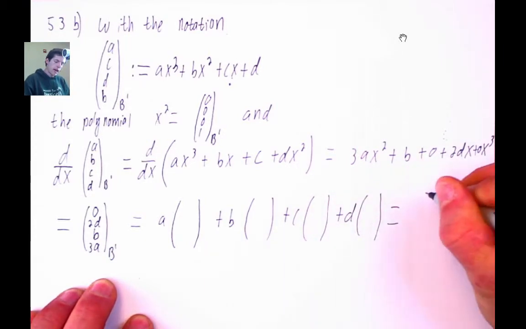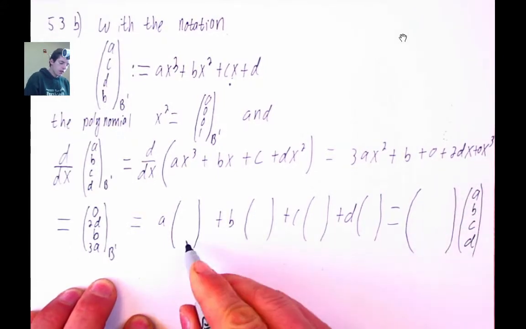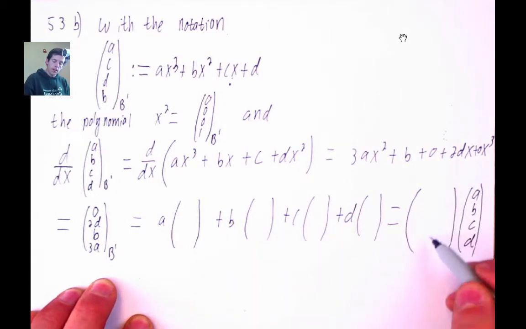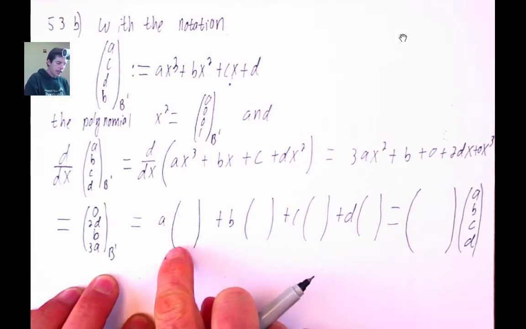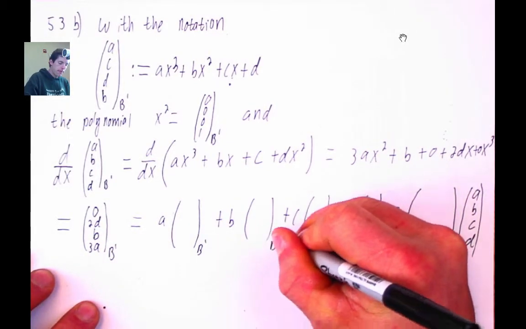Now the reason for that is because in the end I'm going to say that is a matrix acting on A, B, C, D, where these vectors make up the columns of the matrix. So let's see. How would I get this stack of numbers? These should all carry B primes, by the way.